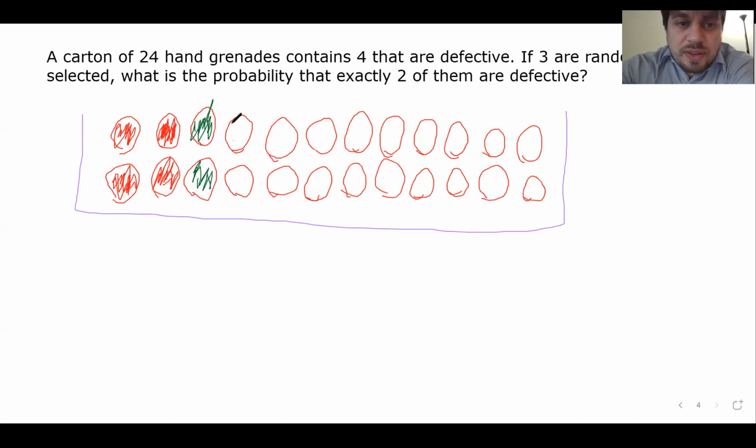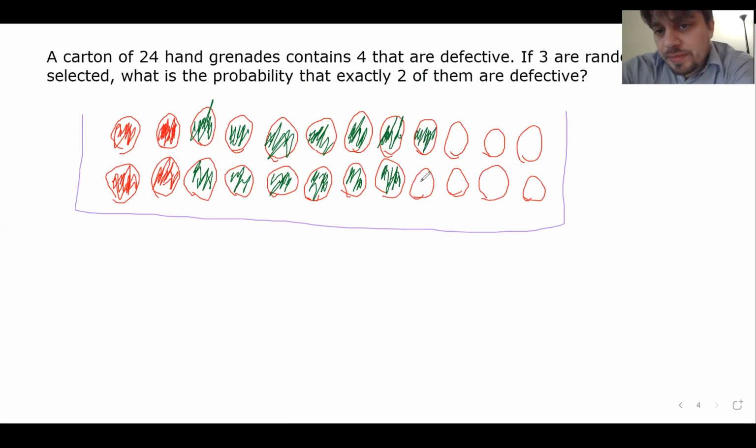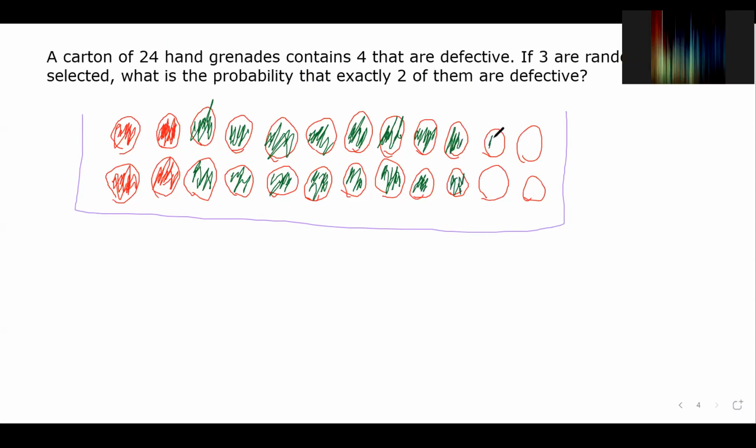Green for not defective. And we're just going to keep doing this another total of 18 times. Kind of has a Christmassy feel because it's green and red. There we go.